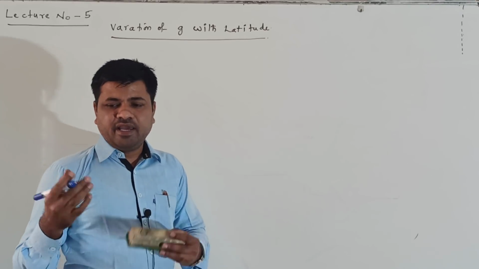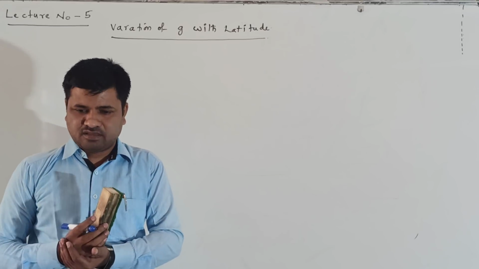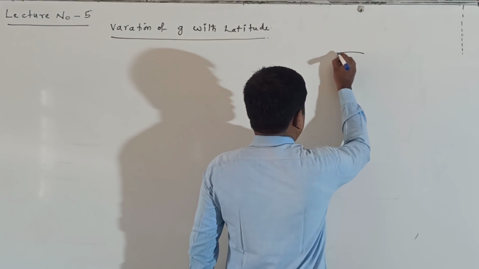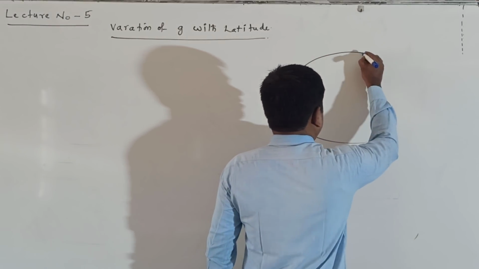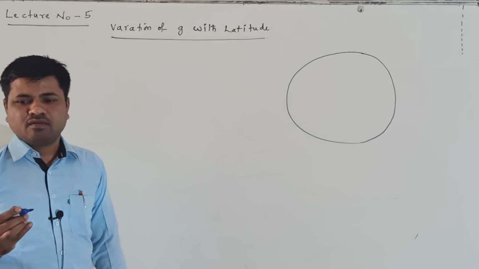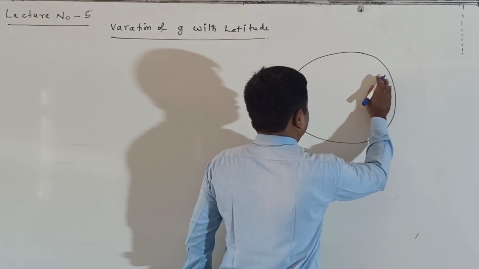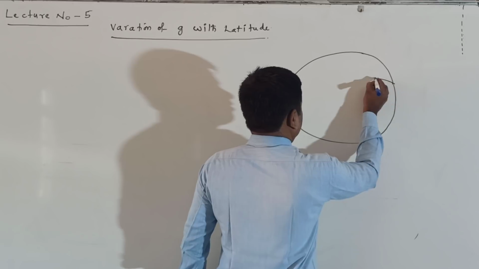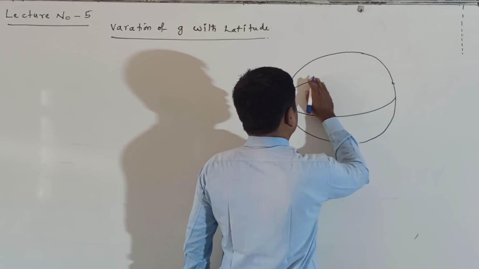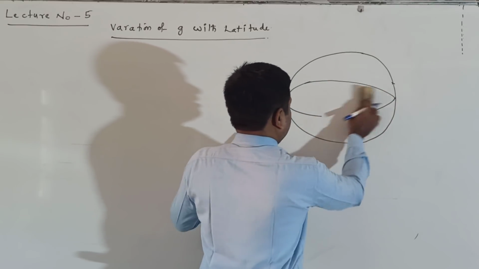Right. G changes with latitude due to the rotation of the earth. Now listen. This is considered as the earth. Now, I am drawing it again here.